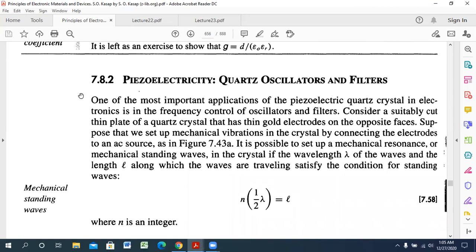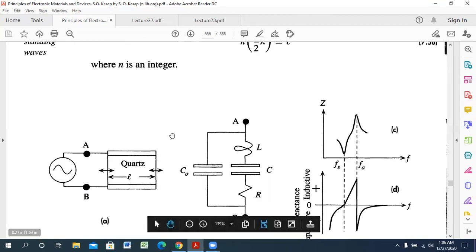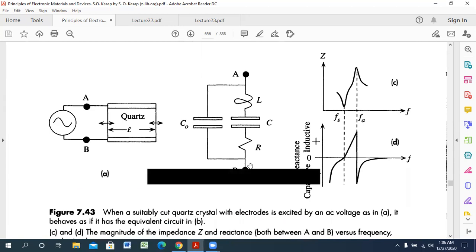Next is article number 7.8.2, piezoelectricity: the quartz oscillator or the filters. From simple harmonic motion, you know about resonance, sometimes known as mechanical resonance or mechanical standing wave, so n lambda divided by 2 equals L. We can describe this quartz in terms of an inductor, a capacitor and also a series resistor.